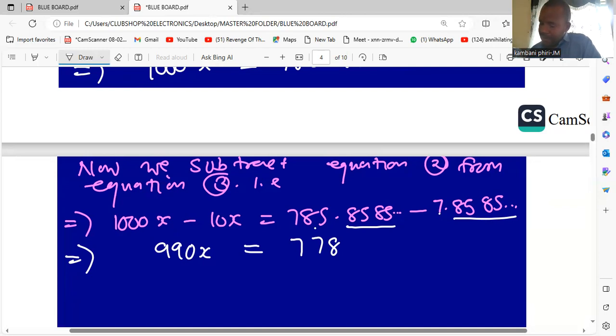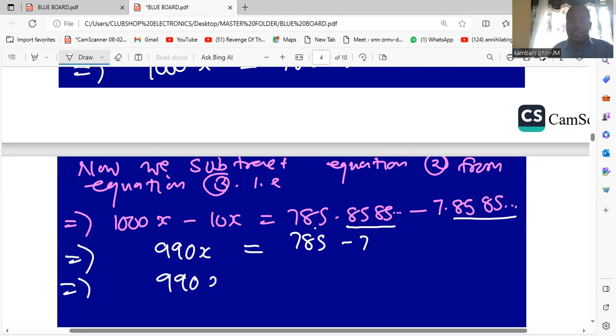Please verify that. In case it's not clear what I've done, 785 minus 7 is 778. So we are saying 990x is equal to 778.